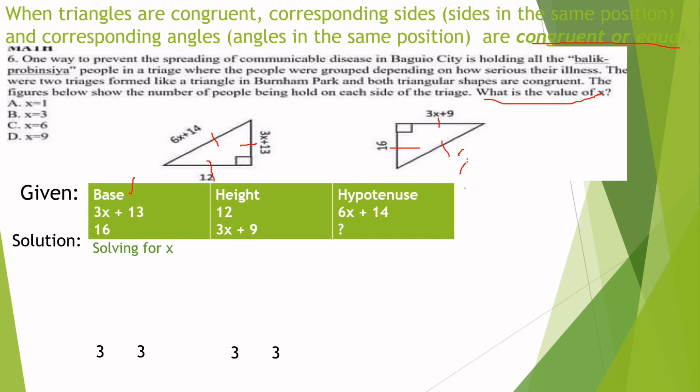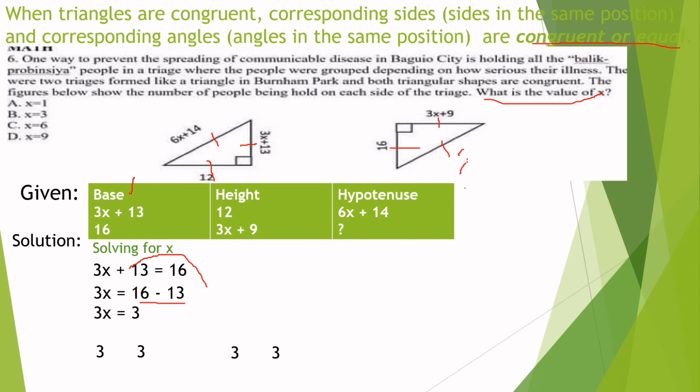Solving for x, we have 3x plus 13 is equal to 16. And then combine like terms. So we have 3x is equal to 16, and then positive 13 transposed over the equal sign becomes negative 13. Simply change the sign. Next, 16 minus 13 is 3.